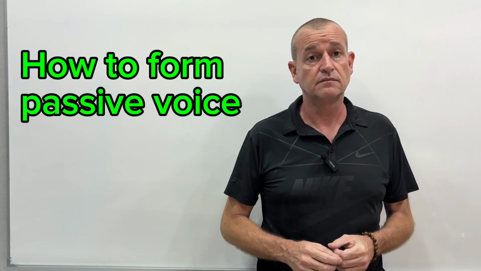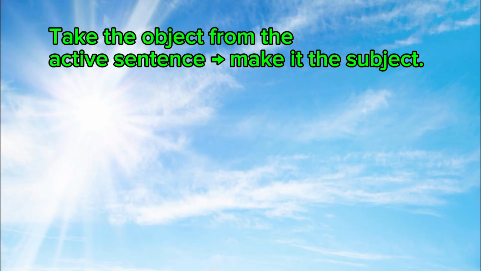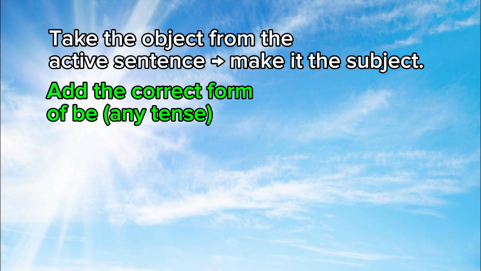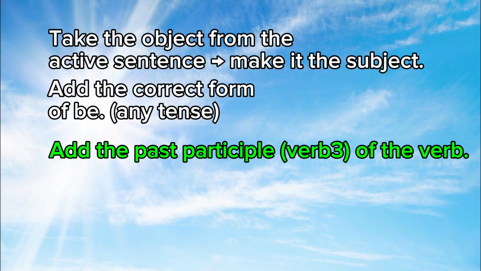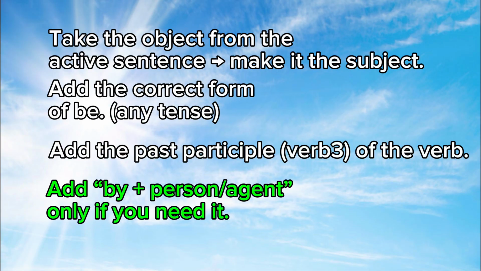Okay? So how to form passive voice? We take the object from an active sentence and we make it the subject. Add the correct form of the verb to be, which as previously stated is any tense. Add the past participle, verb 3, of the verb. Add by plus the agent only if you need to.